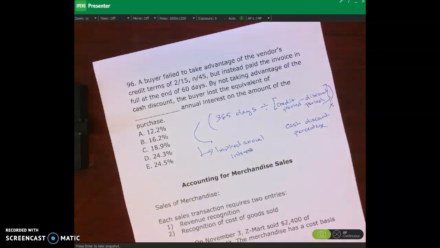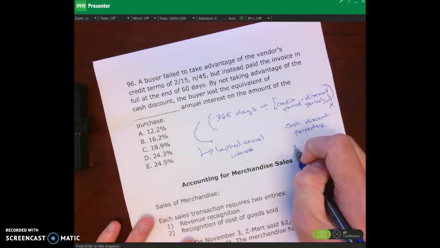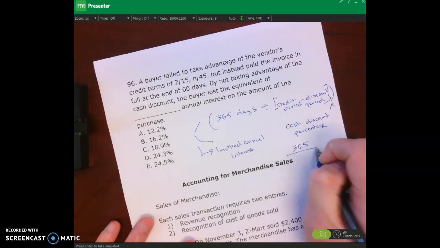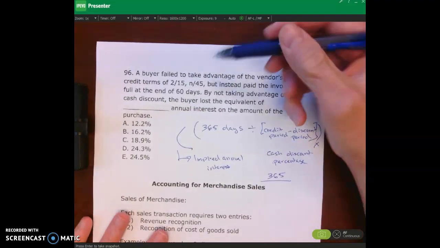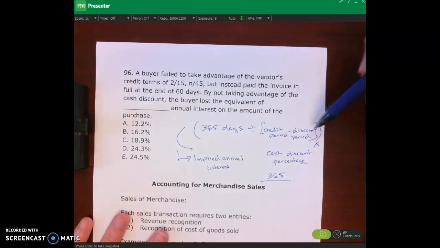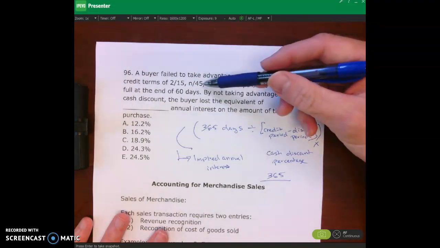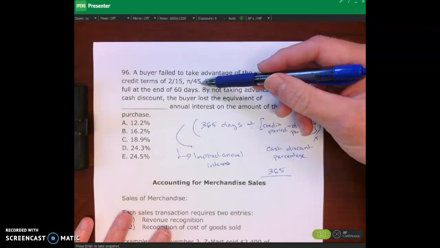So when we think about that and we apply that to this problem, we can say our 365 divided by, now we have to look at our credit period in terms of days and our discount period. Our credit period says right over here 45.